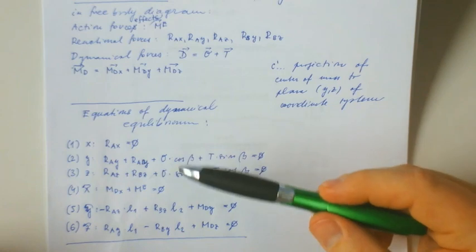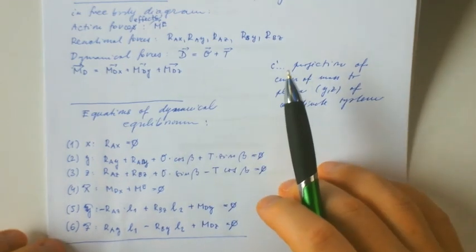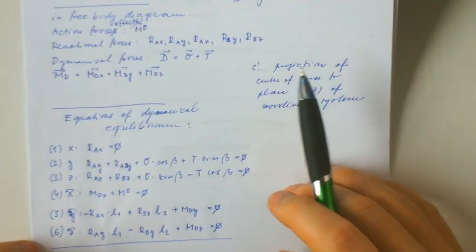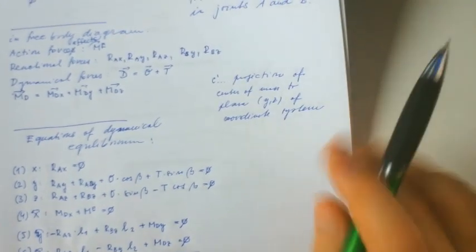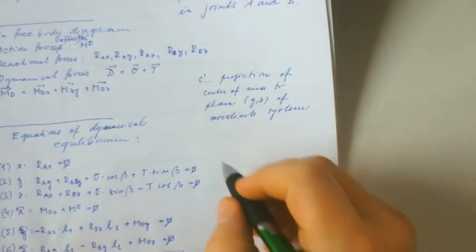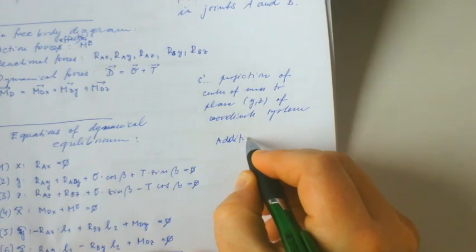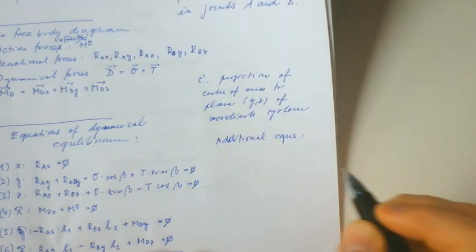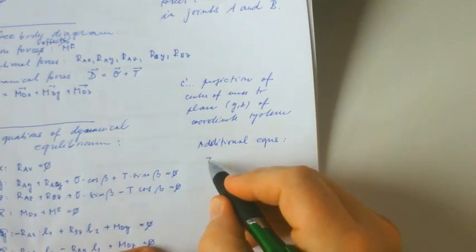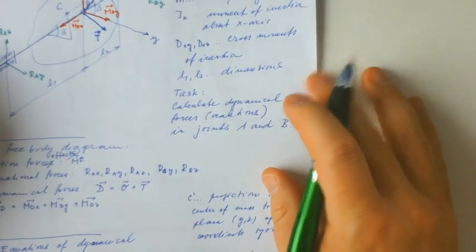We have 6 equations of motion, and which unknowns we have here. We could make an analysis, but we need to add some more equations. So I can write additional equations. So 7th equation. What about beta? How to calculate beta?